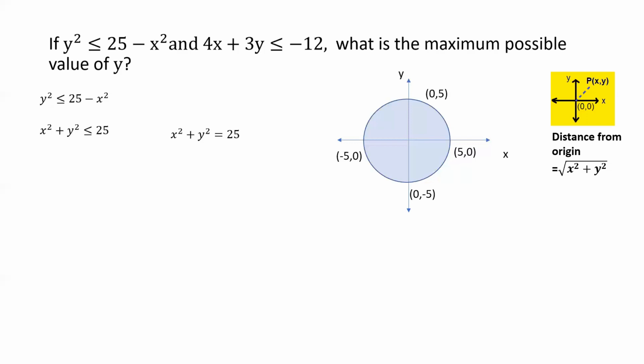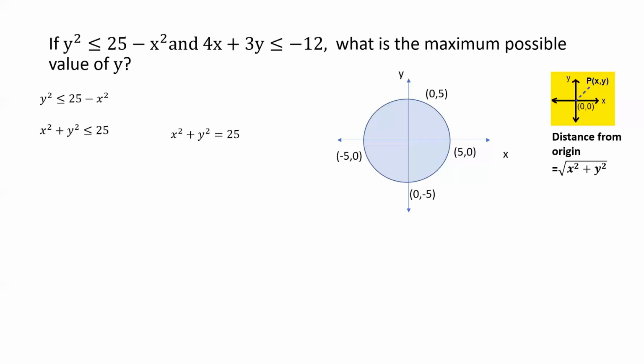So essentially what this means is that those points that satisfy this inequality will have their distance from the origin less than or equal to 5, but they can't be more than 5. Now if I consider any point within the circle, the distance of that point from the origin has to be less than or equal to 5, because it can't exceed the radius of the circle, right?